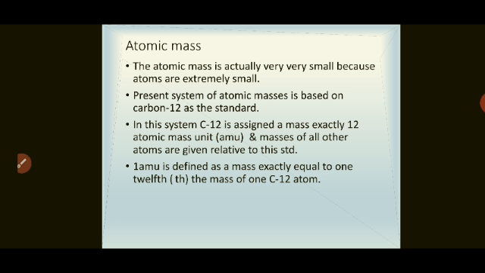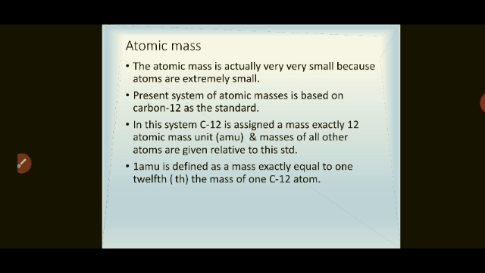Nowadays we can measure the atomic mass directly with a mass spectrometer. But at that time it was very difficult, and hence a standard was chosen by the scientists, which is C12. Now C stands for carbon and 12 is the isotope of carbon.